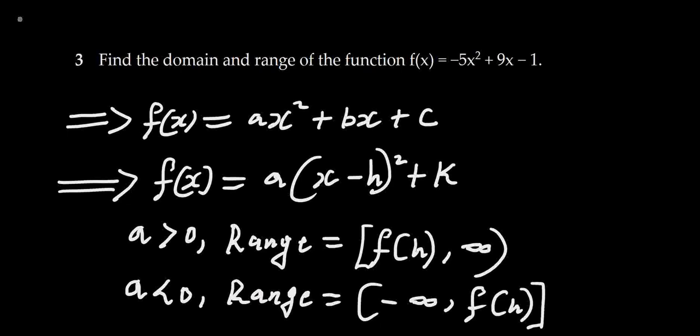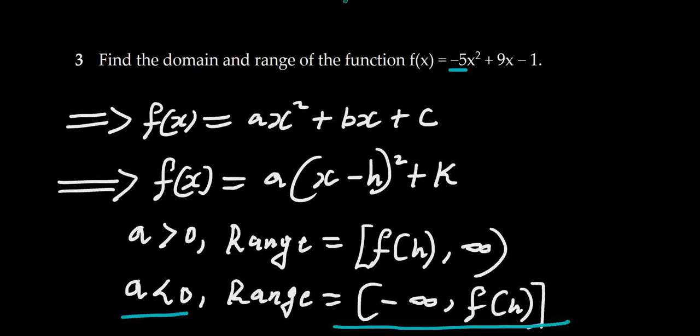So for this given function, the value of a is negative 5, and negative 5 is less than 0. Therefore, the range is going to take this form.